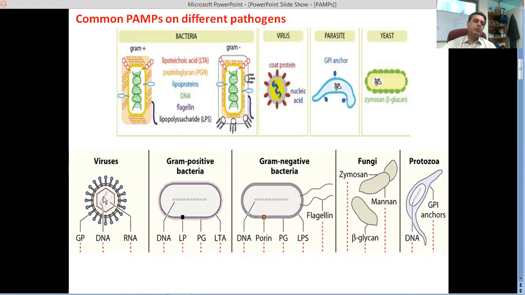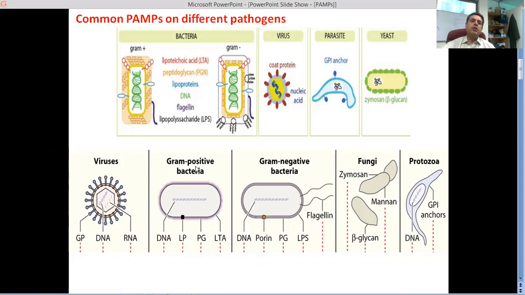Similarly, DNA or RNA present inside the viruses are also PAMPs of viral origin. So the innate immune system would respond the same way in the case of this DNA or RNA of viruses. So groups of viruses would have these things in common. These glycoproteins present on the surfaces will be similar, so the system would respond the same way.